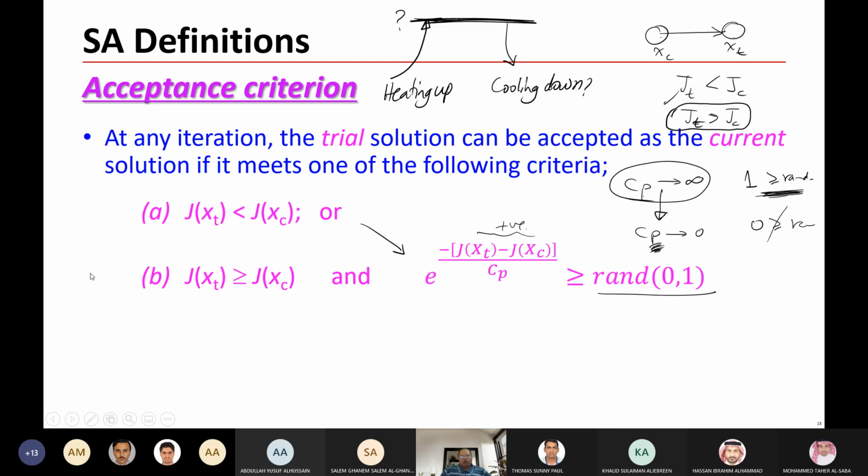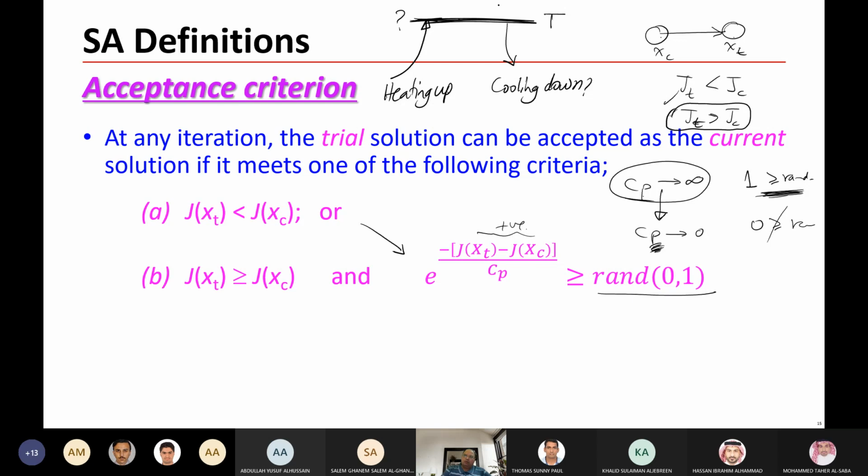Okay, so as you can see here, CB plays a great role. The temperature plays a great role in the acceptance or rejection of the solution. So at which temperature can we say now we can start cooling down?